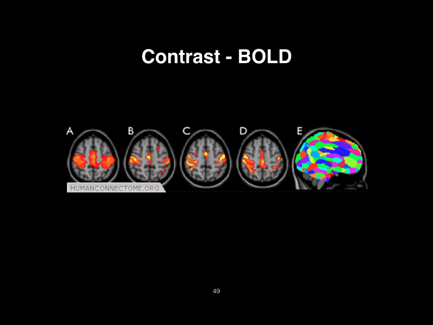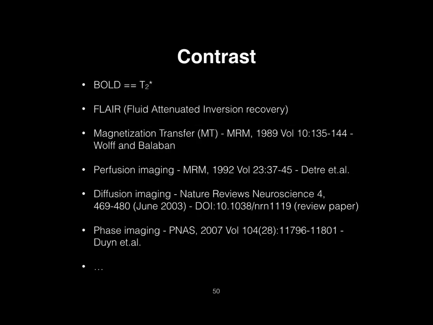Okay? And because you start off looking at how spins interact with each other, but now you have the additional complication of the background gradient, this is actually called a T2 star contrast mechanism. Okay.